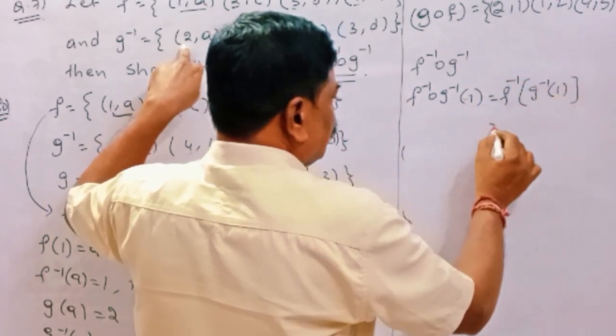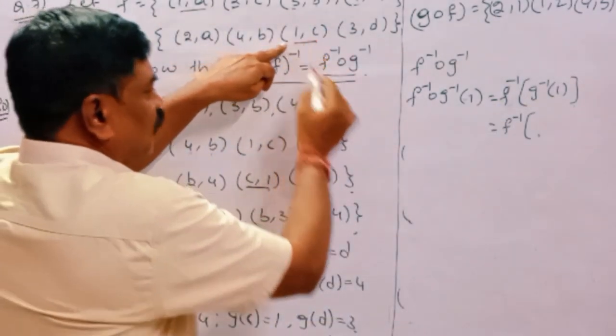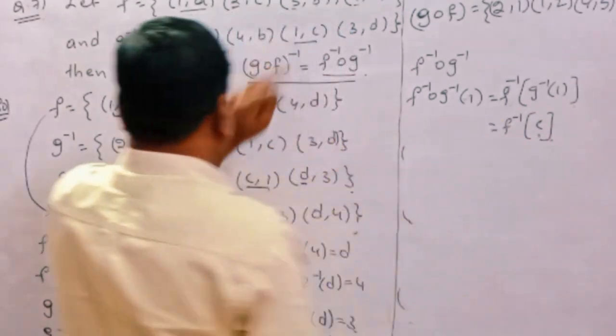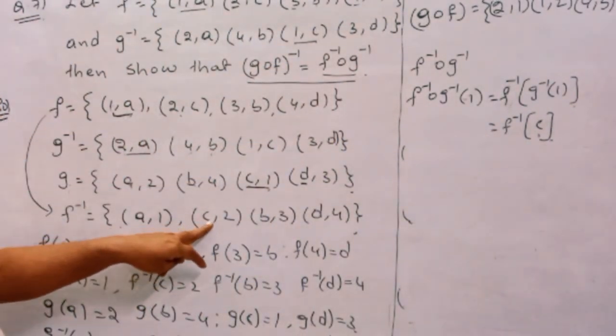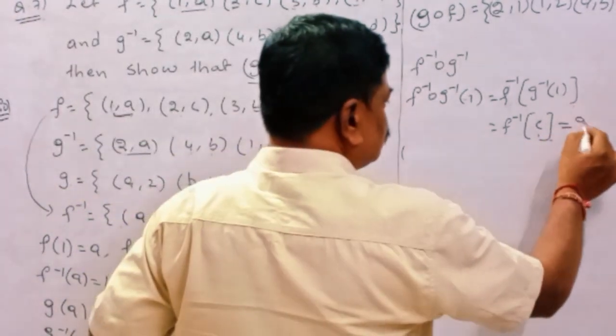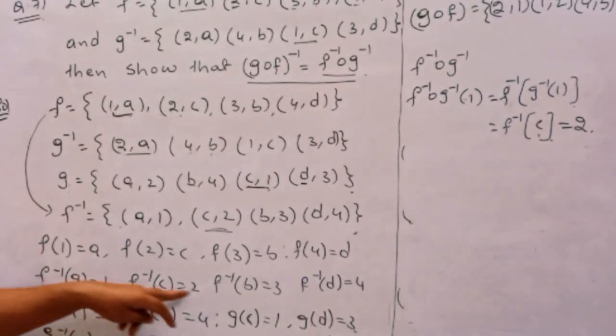What is G inverse of 1? It is C. But what is F inverse of C? From this, F inverse of C is equal to 2.